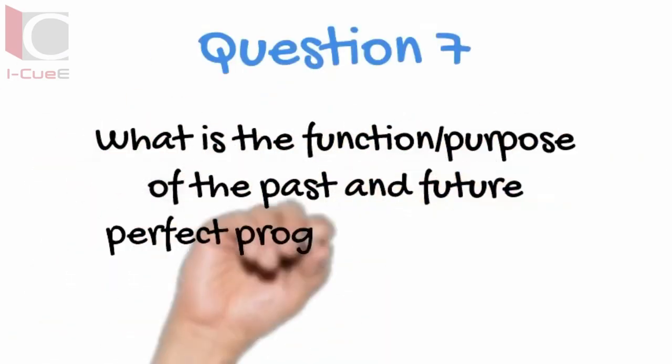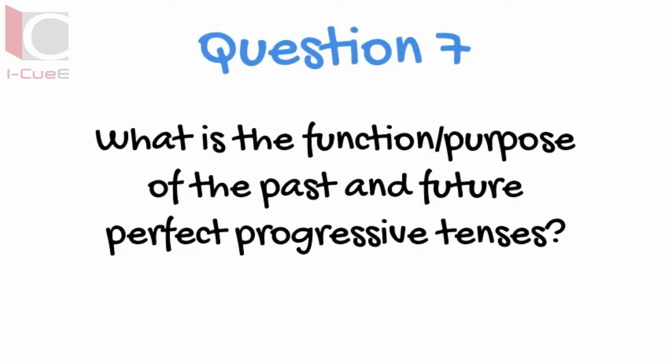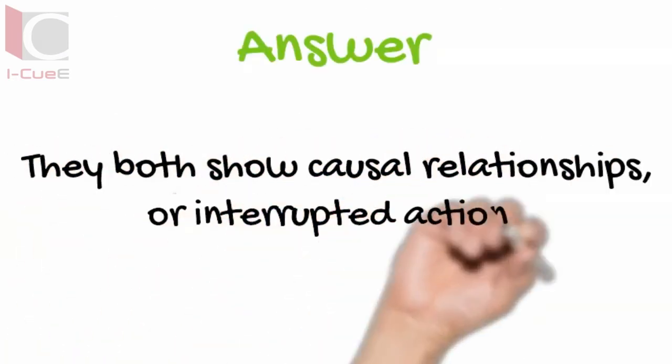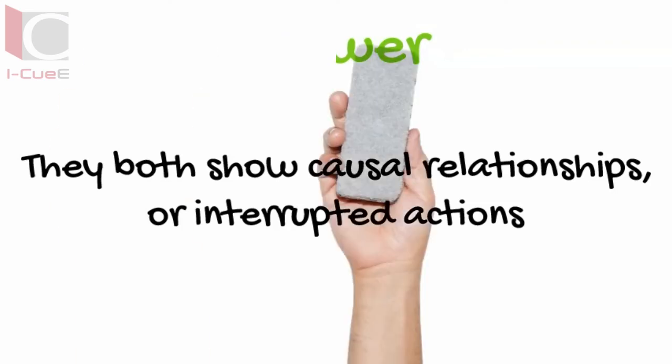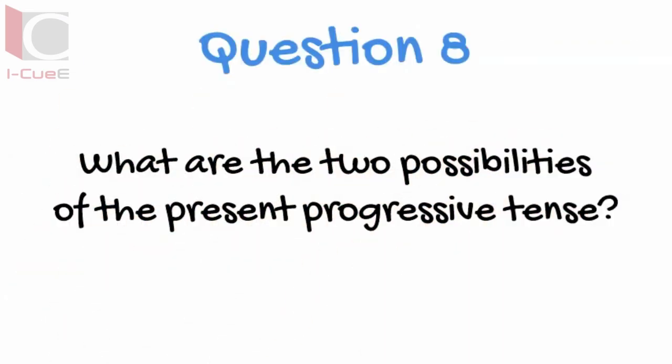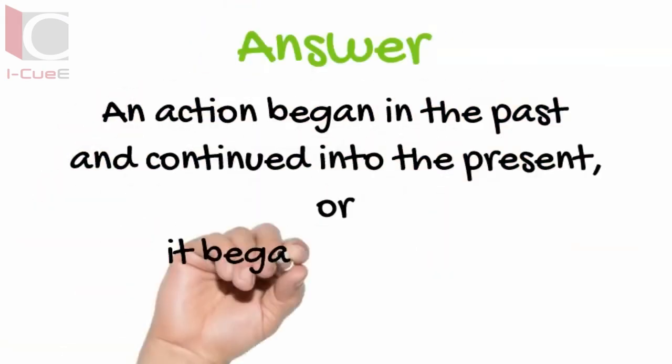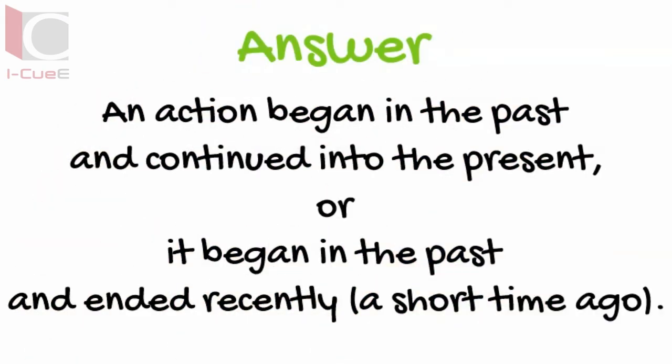What is the function or purpose of the past and future perfect progressive tenses? They both show causal relationships or interrupted actions. What are the two possibilities of the present progressive tense? An action being in the past and continued into the present, or it began in the past and ended recently, a short time ago.